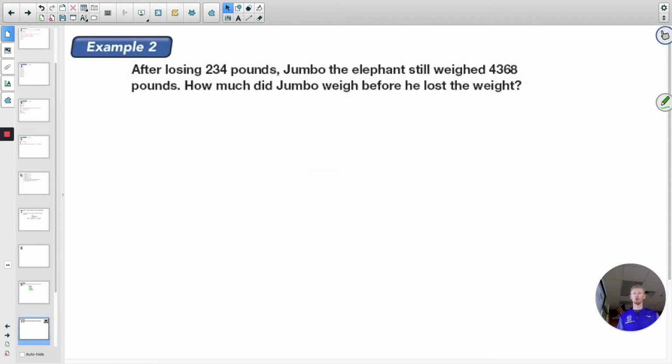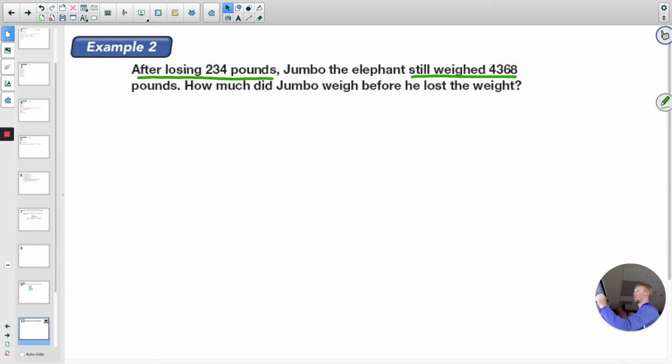After losing 234 pounds, the jumbo elephant still weighed 4,368 pounds. How much did the jumbo elephant weigh before he lost weight? So this time it gives us what's left. It says after losing 234 pounds, he still weighed 4,368 pounds.